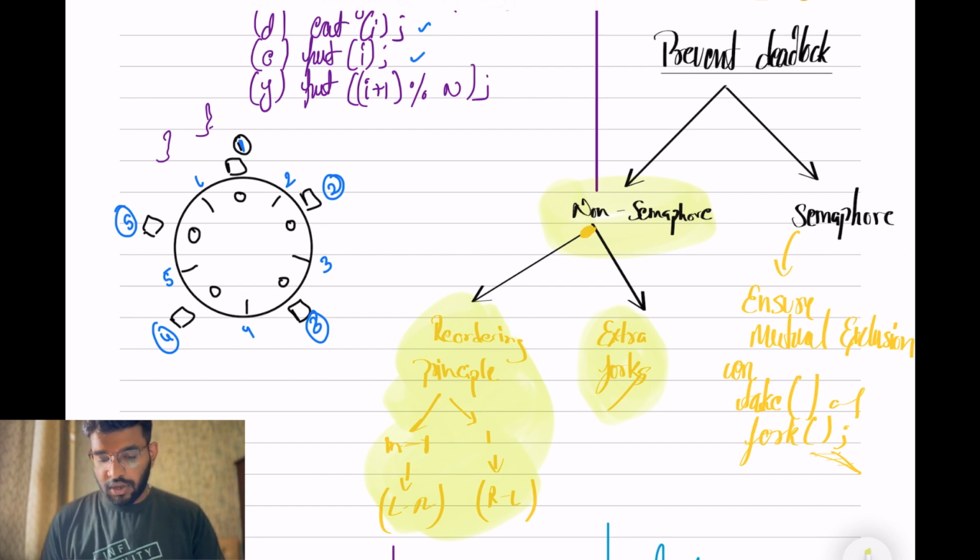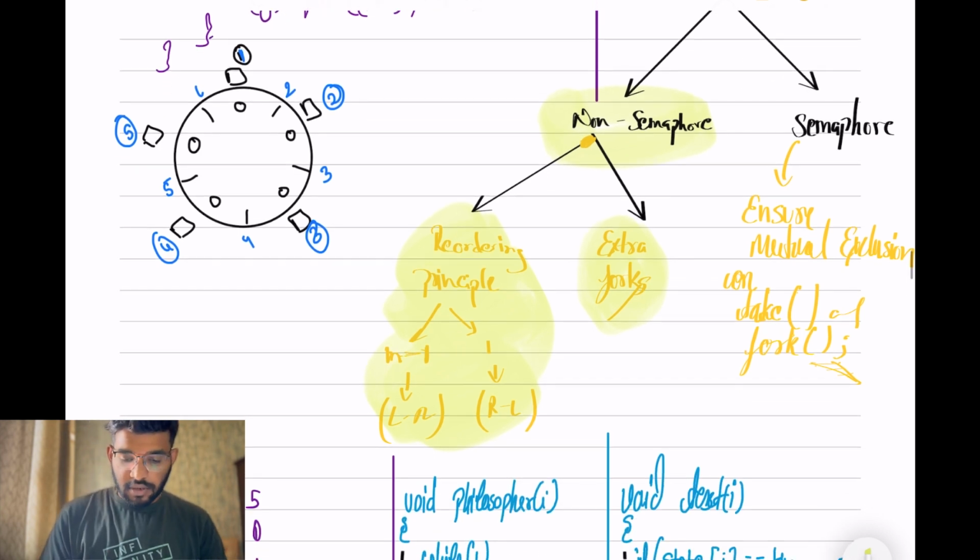Thus, deadlock will not happen, thus avoiding deadlock. In the above case, when we have five philosophers, four philosophers take the left fork, then the right fork, and that one philosopher just does the opposite of the rest four.